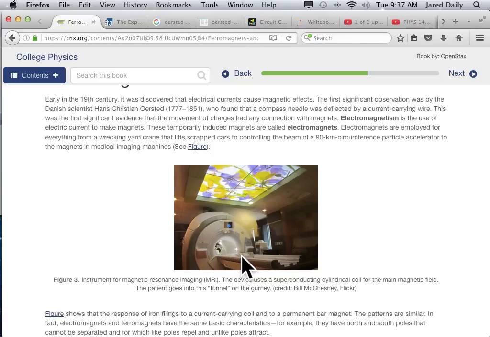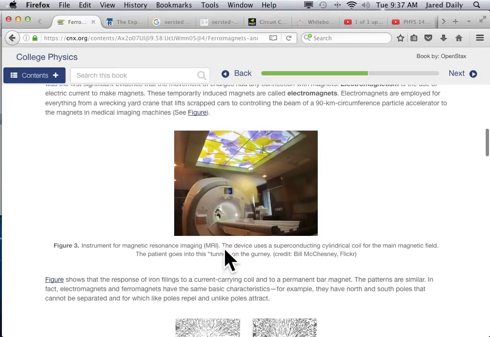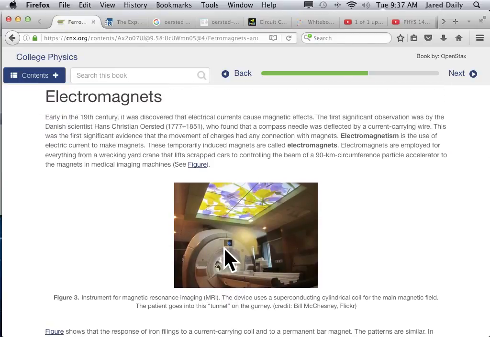And that is where the patient is inserted into the machine, and that huge magnetic field does all kinds of things to their body, and particularly the things that the doctors put into the body. It can actually make things kind of show up that normally wouldn't show up. You can actually make the body send out signals that it doesn't normally send out, so that you can look at things and study things and understand things better.